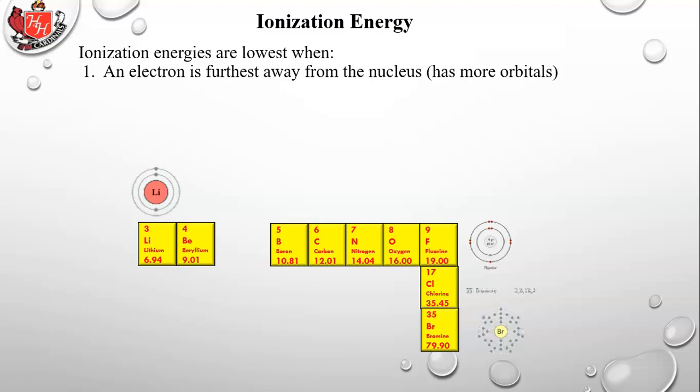You also notice that it has a lot of screening electrons, or shielding electrons. Remember, screening or shielding electrons are the ones that are inside, any electrons that are inside the valence orbital. So that would be the first, second, and third orbitals for bromine. Those are shielding the valence electrons from feeling the pull of the protons in the nucleus. So with bromine, it's much easier to pull the valence electrons away than with chlorine up above.